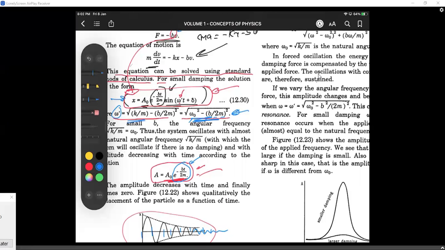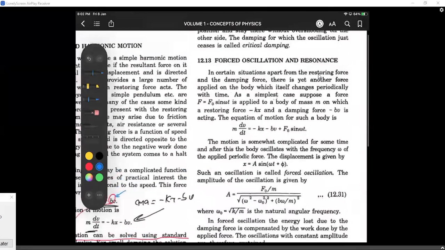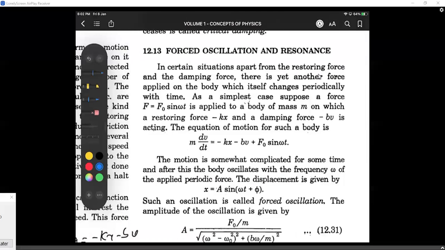Yes, sir. Now look at forced oscillations. This is even worse. Not just kx and viscous force, they put up a sinusoidally varying external force to keep the oscillations going on, because since the oscillations are dying, as we looked at it, the oscillations have died down, right?